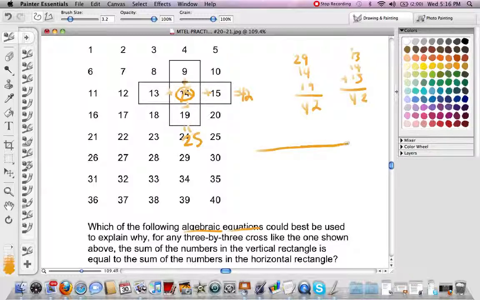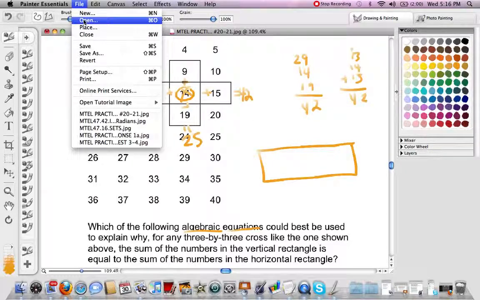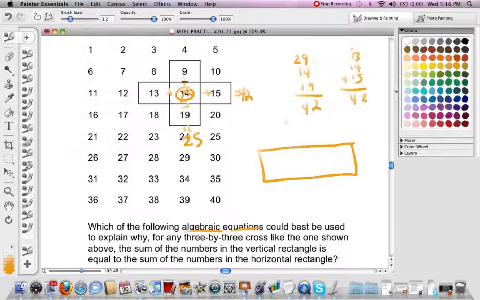Now let's rewrite our cross here. Oh, we'll do it here. I have my cross. I rewrite that 14 as an x. I give it a variable.